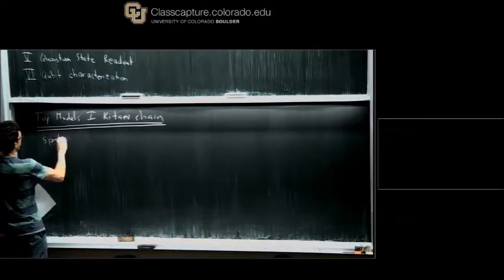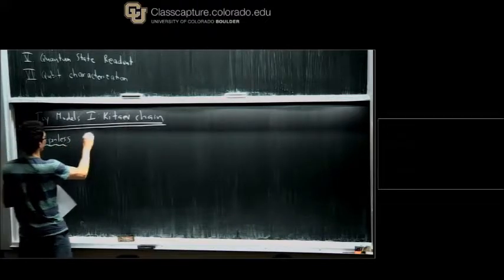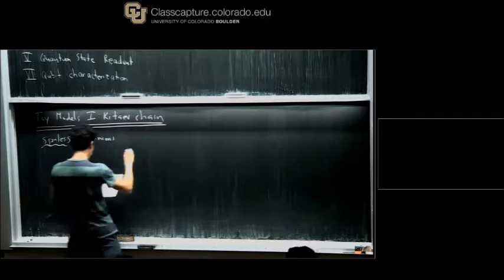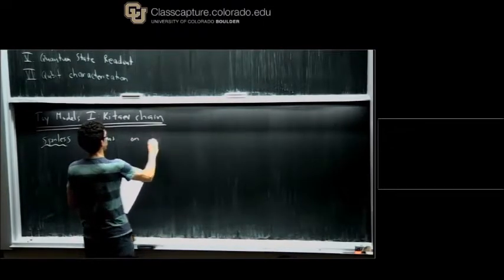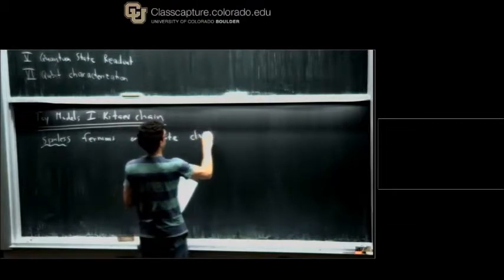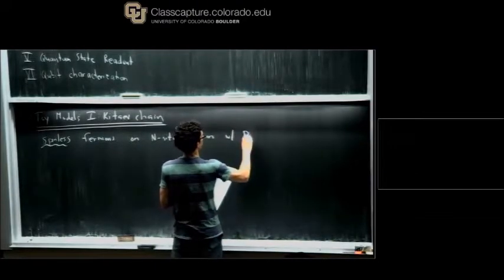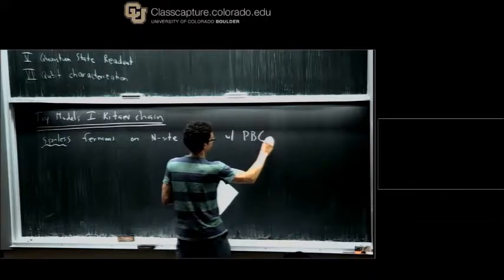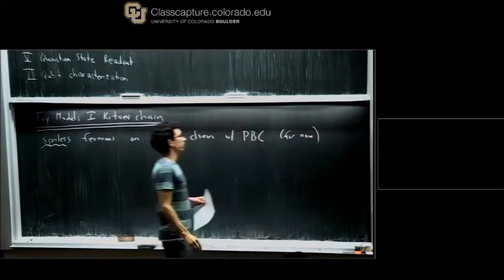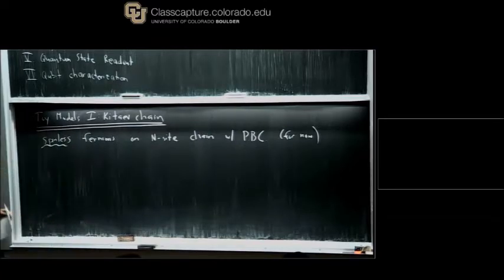So I want to now consider a system made out of spinless fermions on an n-site chain with periodic boundary conditions. So I will soon abandon periodic boundary conditions, but let's start there.